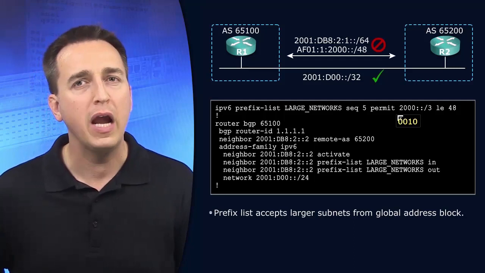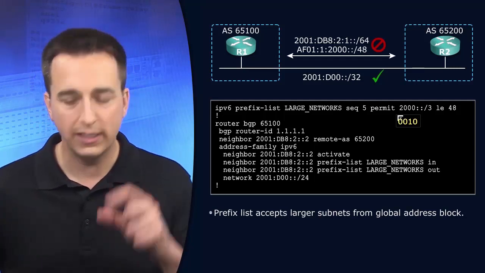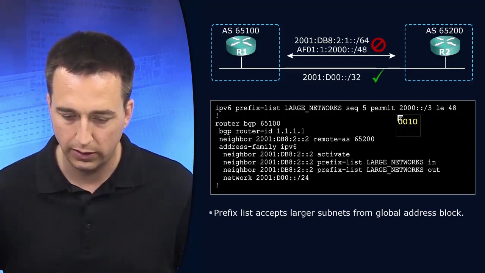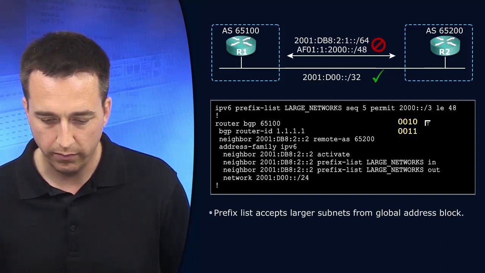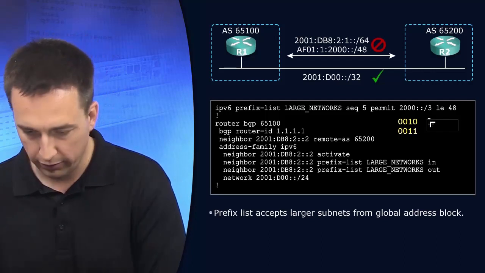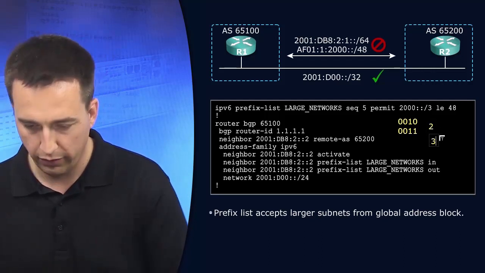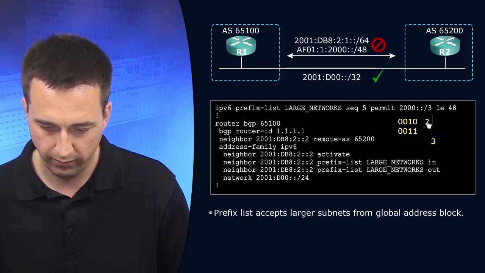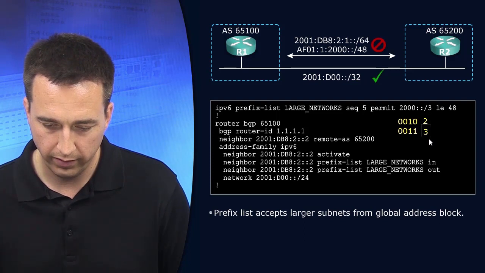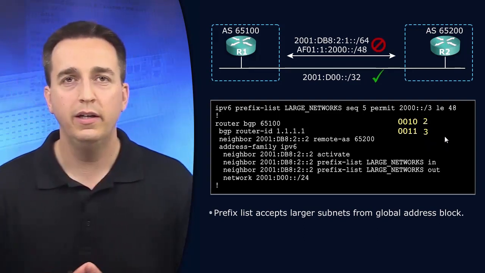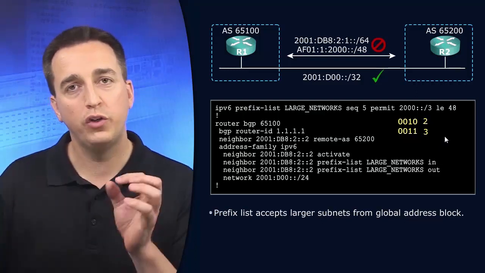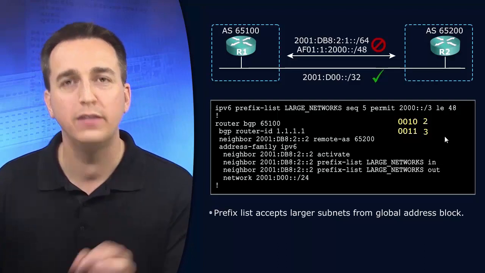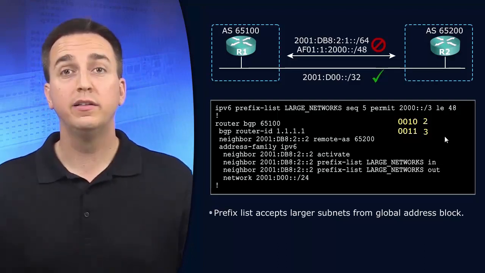So that means in that very first hexadecimal value, it could be a range from 0010 to 0011. Well, what do these equal? 0010 is 2, 0011 is 3. So our range here is any IPv6 route that starts with a 2 or a 3 as the very first hexadecimal value, and then nothing else matters.